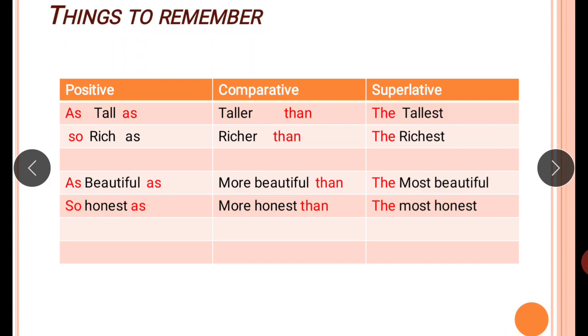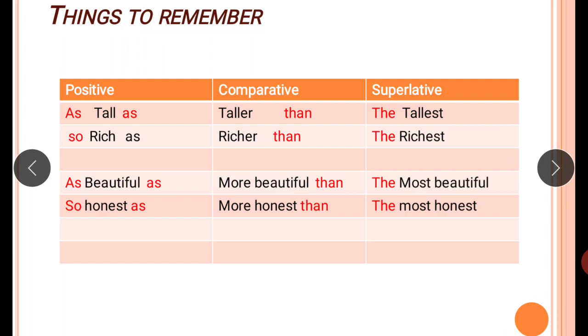These are regular adjectives, so they get their comparative and superlative by adding -er and -est. But look at the third word, beautiful. It's not beautifuler, it's not beautifulest. Instead, beautiful, more beautiful, most beautiful. Honest, more honest, most honest.